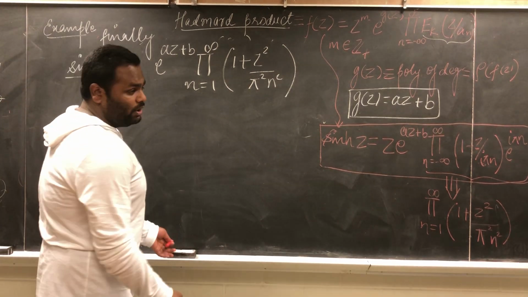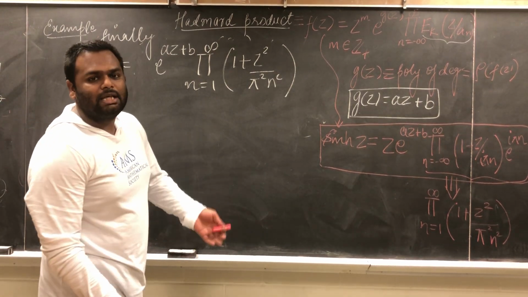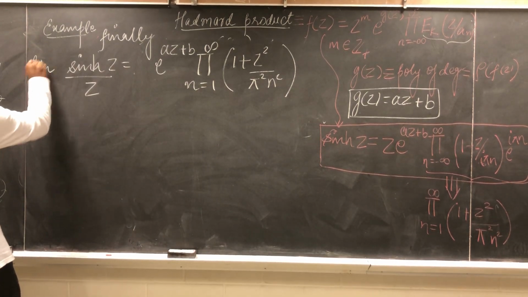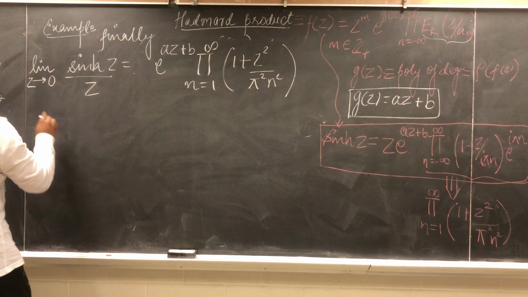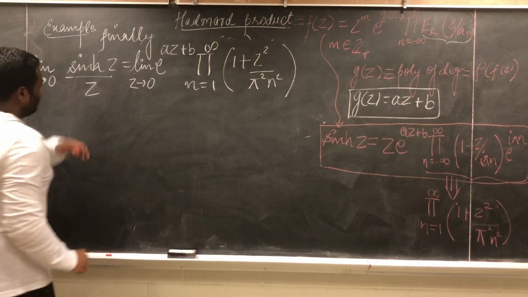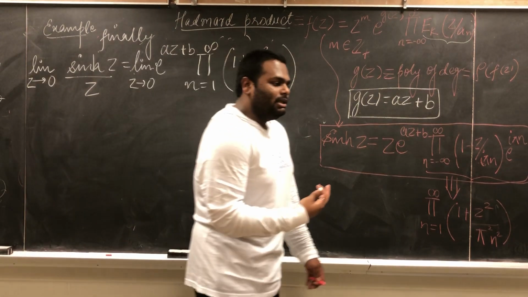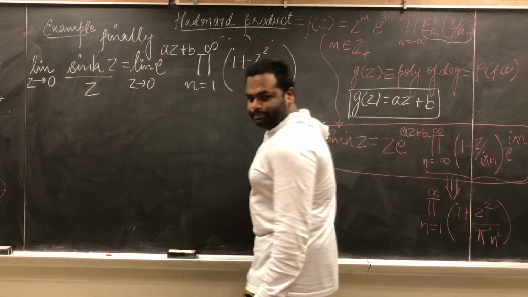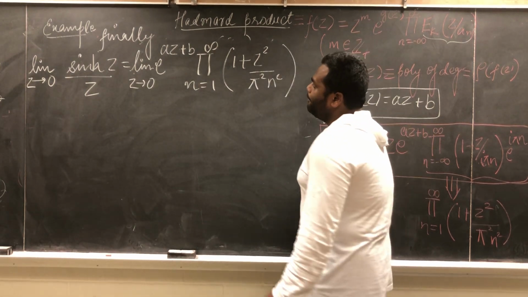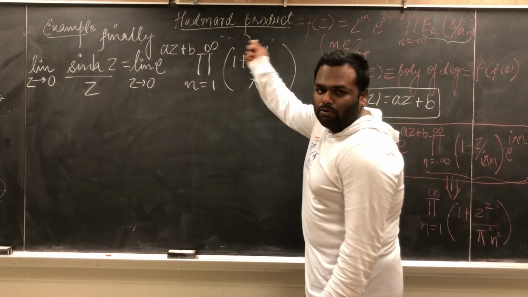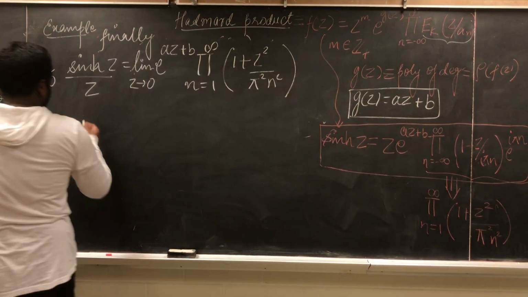And now we can take the limit as z goes to 0. The moment we take the limit z goes to 0, this thing becomes 1. This thing will become e to the b, and this thing will become 1, right?